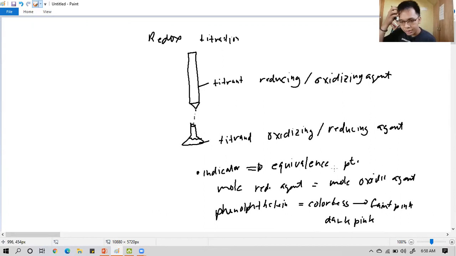So ganun lang din dito sa ating redox titration. You have to achieve the specific color for the equivalence point. Kapag sumobra na yung titrant, yung kulay is either nagda-dark or nagko-colorless. So, ganun lang din yung magiging reactions natin dito in the typical redox titration. So what are the components? The titrant and the indicator.